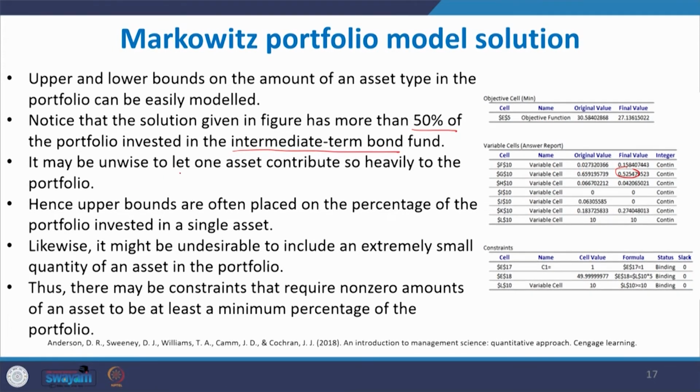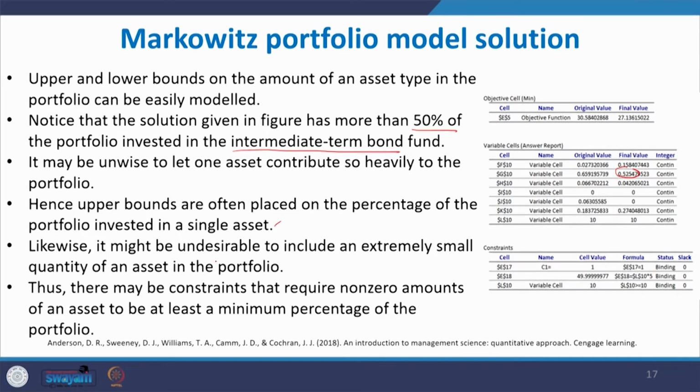It may be unwise to let one asset contribute so heavily to the portfolio. Hence, upper bounds are often placed on the percentage of the portfolio invested in a single asset. We can introduce some more constraints that will restrict investing in a single asset.